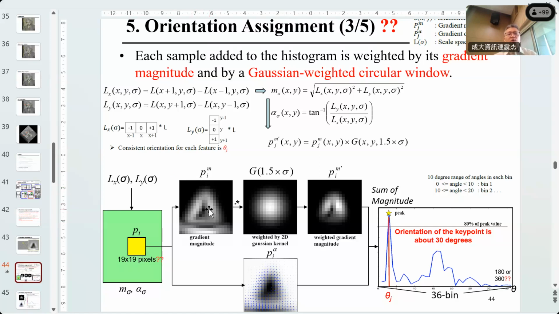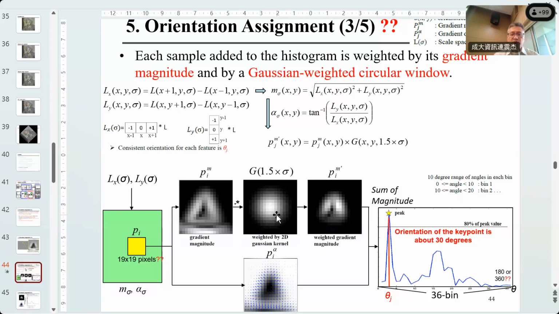Because the corner is at the center, the center pixel is the most important one. So we use a mask, which we call a Gaussian weight, a Gaussian distribution weight. The weighting in the center is high. We have a 2D Gaussian distribution, and the summation over the entire width will be 1.